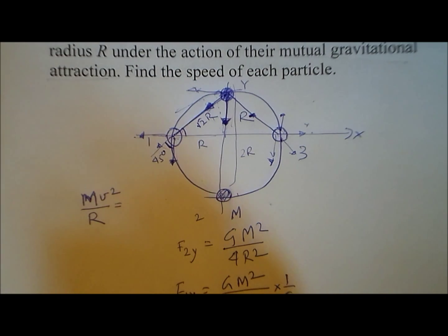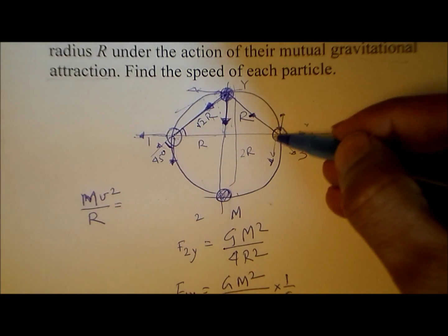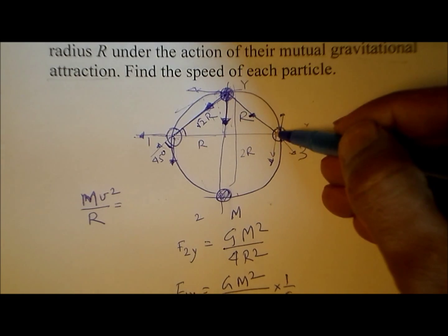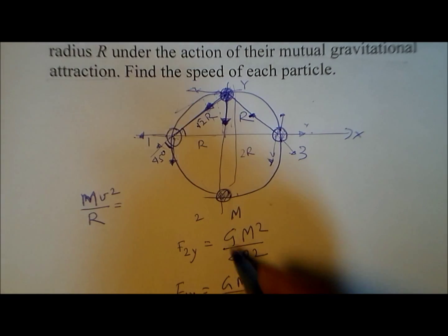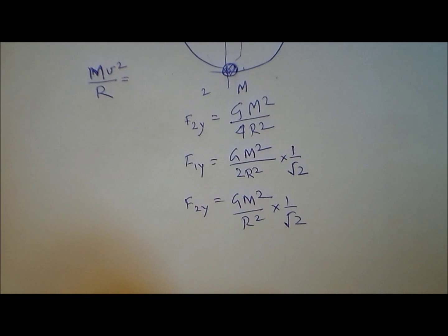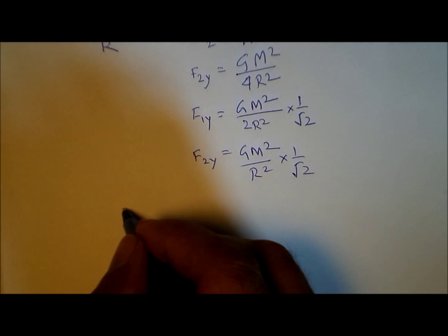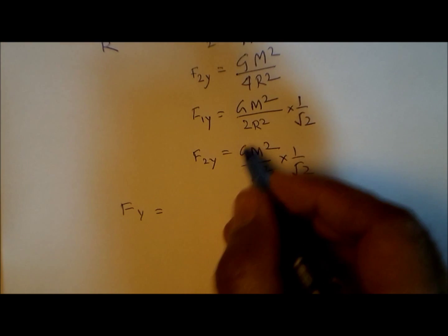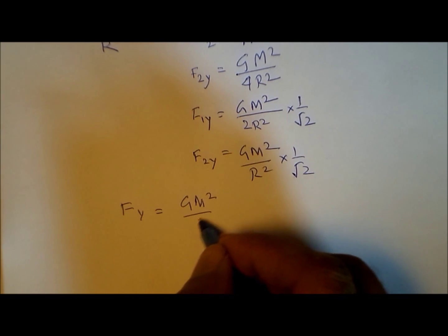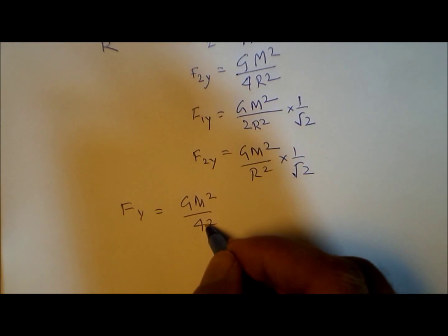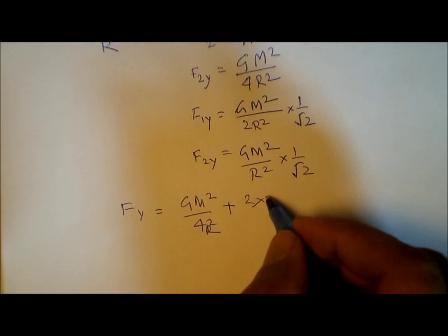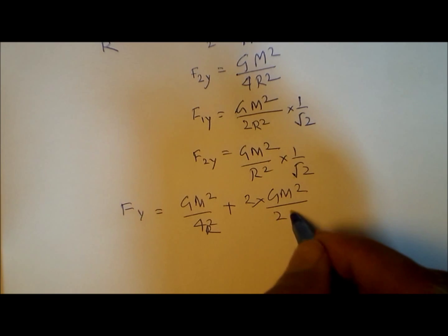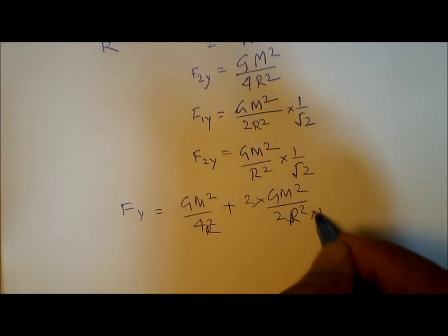And then F2y, same thing for this force due to this mass, resolved along the y-axis. That will be given by G m square divided by 2r square into 1 by root 2. If we add these 3 forces, we'll get the total force acting along the y-axis as G m square divided by 4r square plus 2 into this force G m square divided by 2r square into root 2.